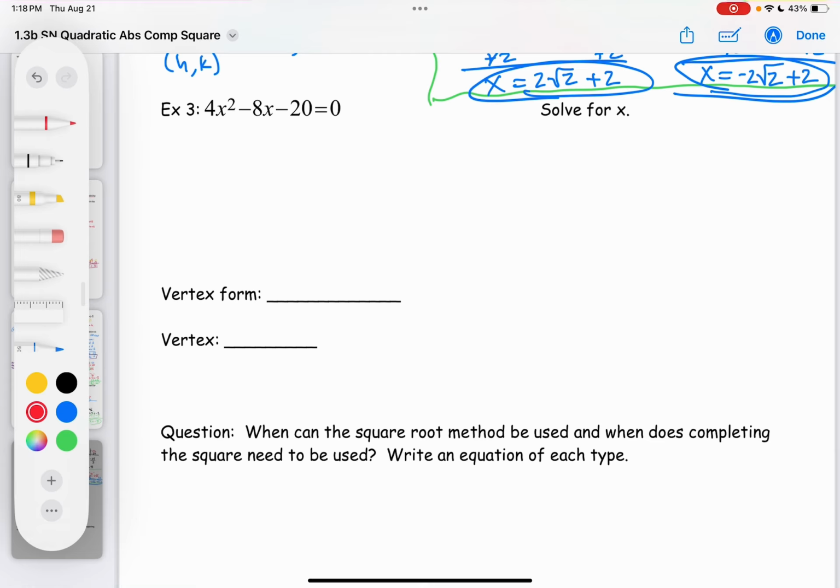So grab the C value. Move it to the other side. That's step 1. Leave a blank in its place. Factor out the 4.